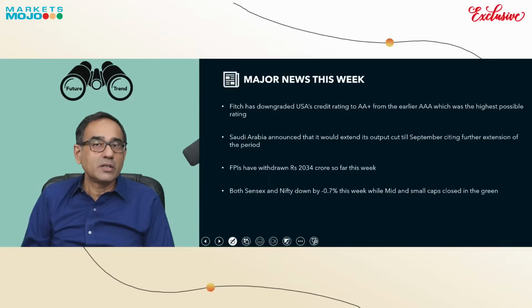But we have stated in the past, and I again reiterate, that mid and small caps should outperform large caps significantly. That's what we have seen this week also, where mid and small caps outperformed the large cap. And that trend will continue for the rest of 2023.